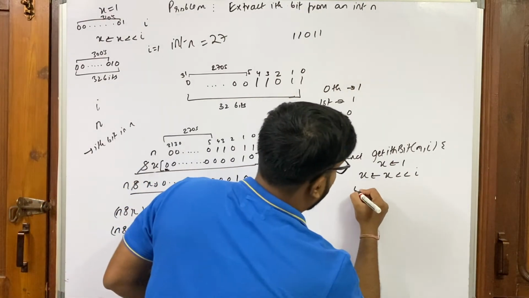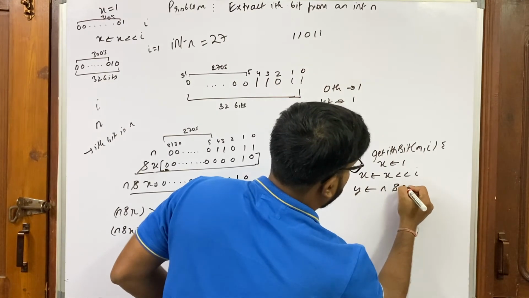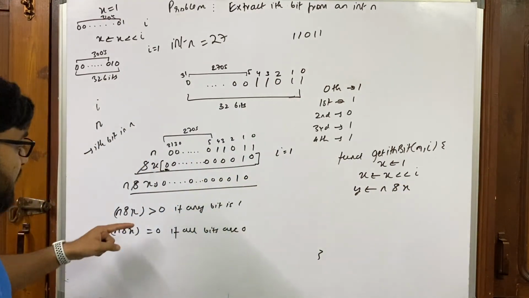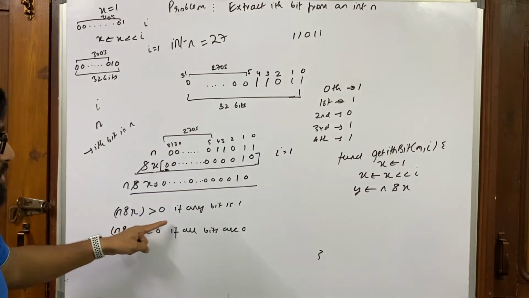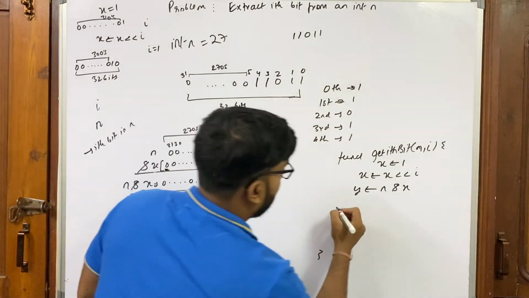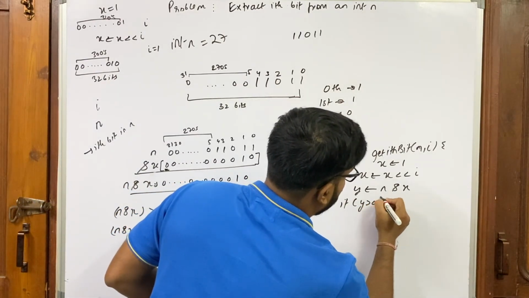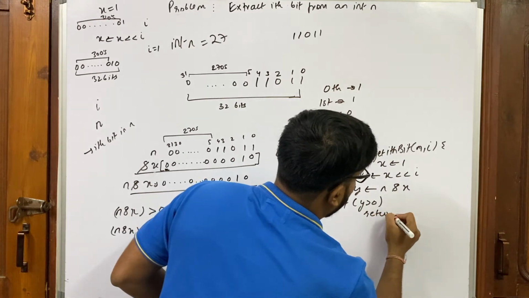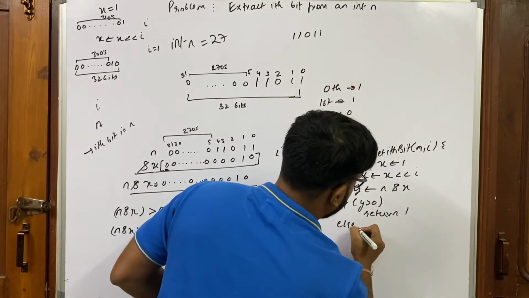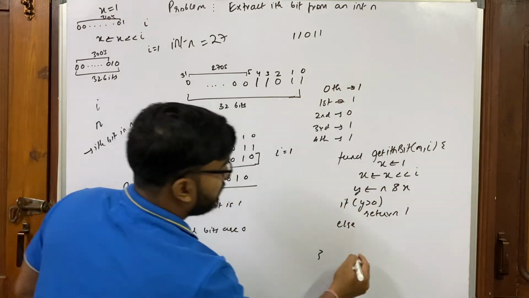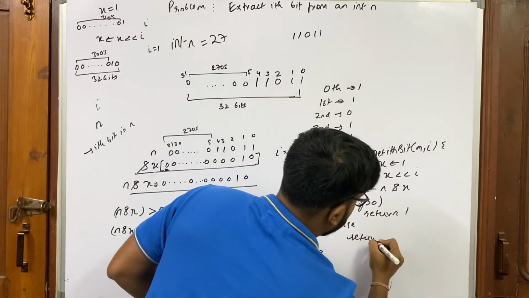You say y is n ampersand x. If y is greater than 0, your ith bit was 1, so you return 1. Else, this is the case when y was 0, you return 0.